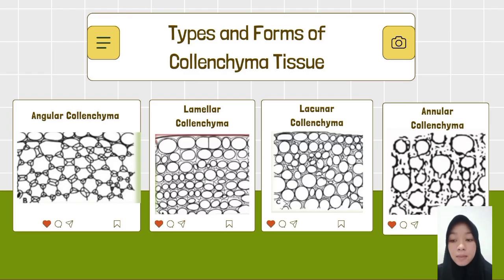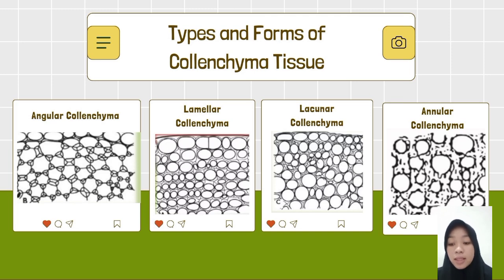Types and forms of collenchyma tissue. The first, angular collenchyma: thickening occurs at the corners of the cell where three or more cells meet. It provides strong support for young stems and petioles.